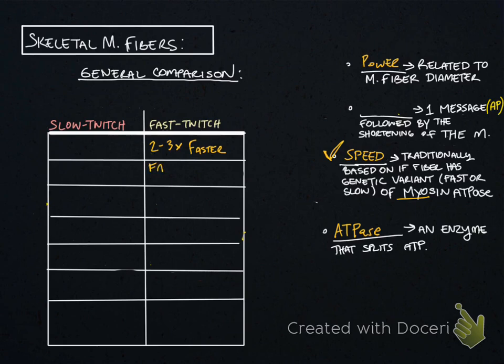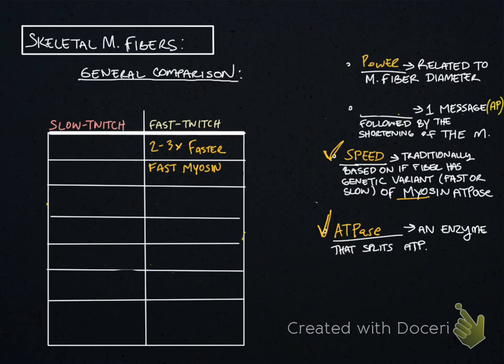So they can have what's called fast myosin, which can actually take calcium out and back into the sarcoplasmic reticulum faster. And some of it has to do with this enzyme called ATPase. It's an enzyme that splits ATP. Okay.